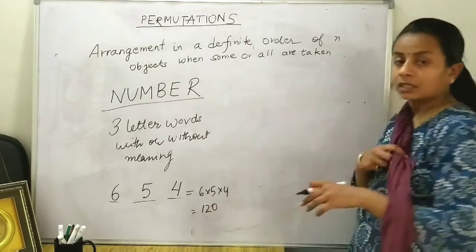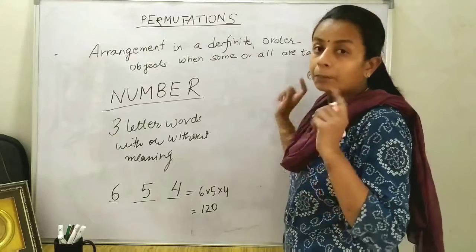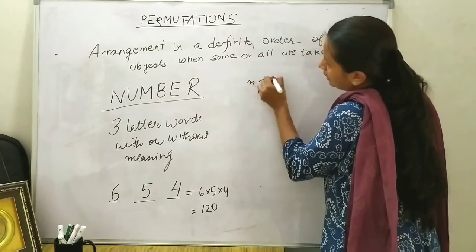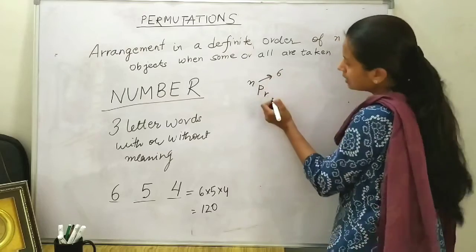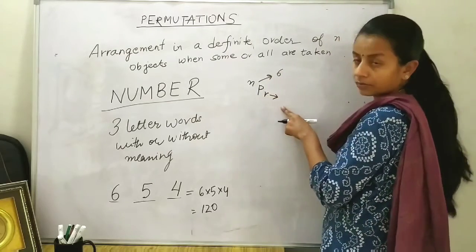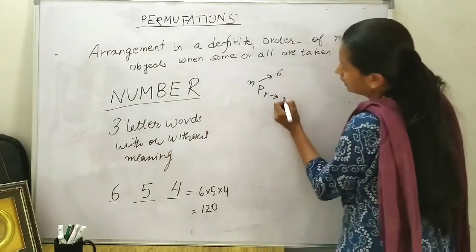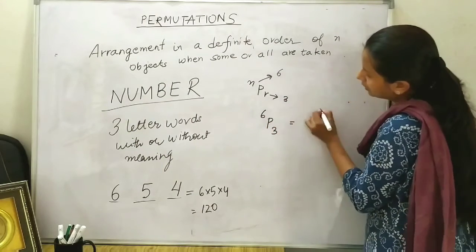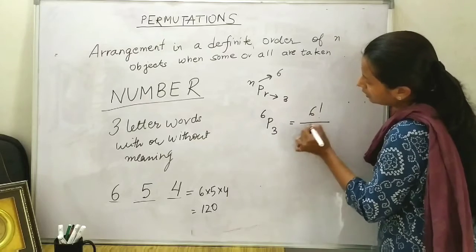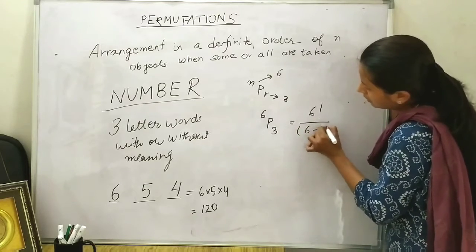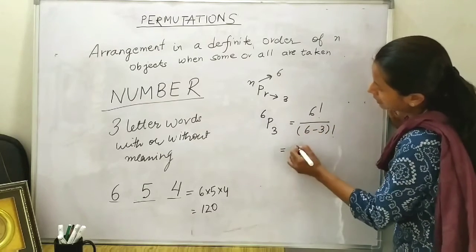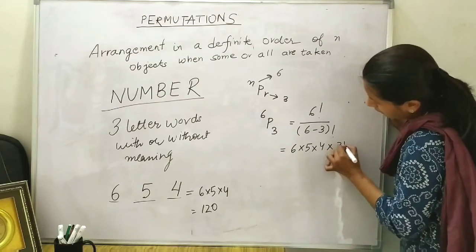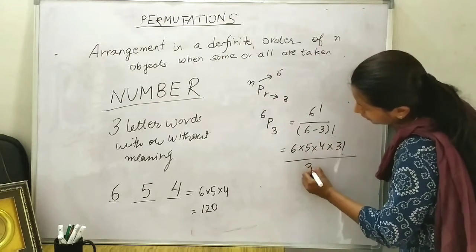Now solving this with permutation, nPr, n is the number of objects, which is 6, and how many objects do we take? We are taking 3, right? So 6P3, putting it in the formula, 6 factorial divided by 6 minus 3 factorial, which is 6 into 5 into 4 into 3 factorial, and in the denominator also we get 3 factorial.